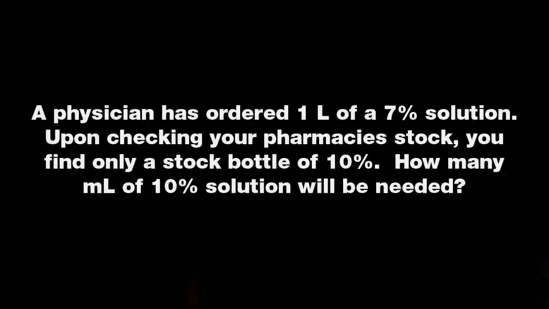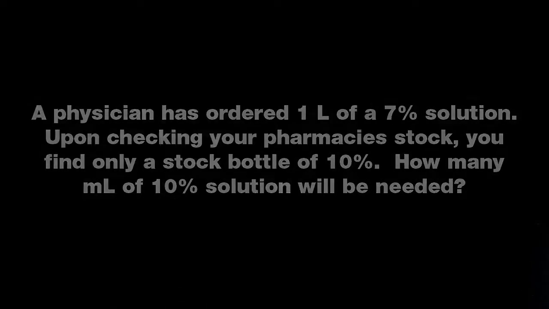Let's imagine for this question that a physician orders 1 liter of a 7% solution. You go to the shelf, and of course a 7% solution is not there, but a 10% solution is. Let's work through the math on how you will turn that 10% solution into a 7% solution, just like the physician has ordered.